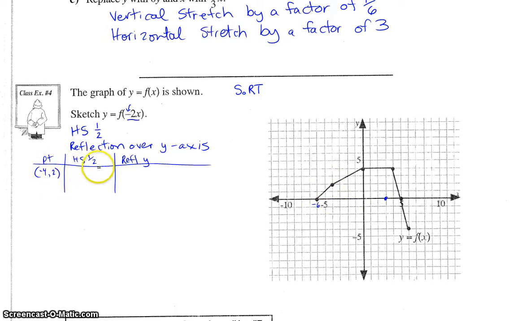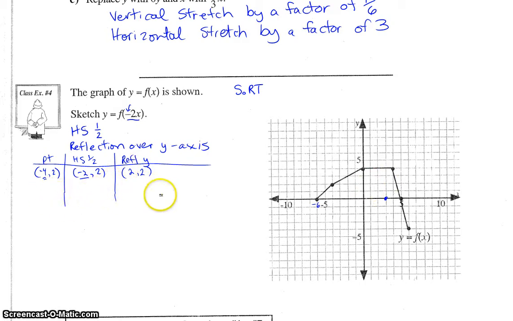Horizontally stretched by a factor of 1/2. Horizontally affects x, so we multiply -4 by 1/2 to get -2, 2; y stays the same. Then we reflect over the y, so x goes to the opposite sign. So instead of -2, it would now be +2. You kind of have to picture it in your head too to get this straight.